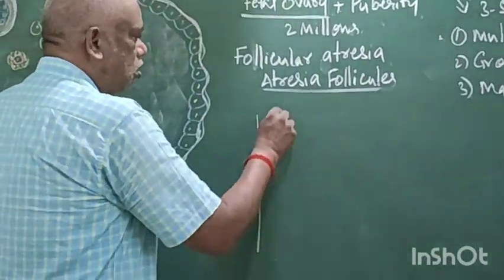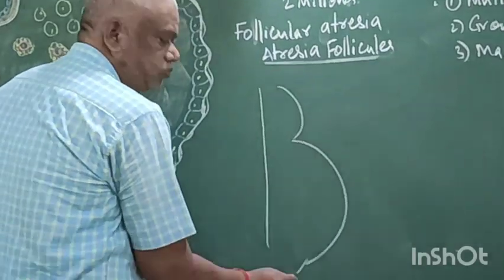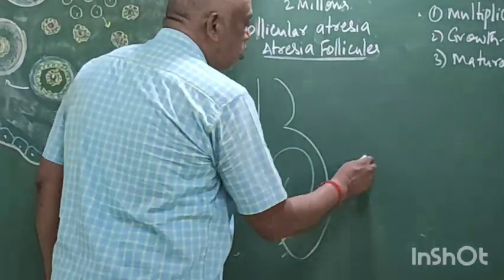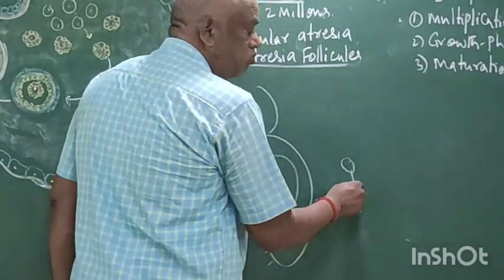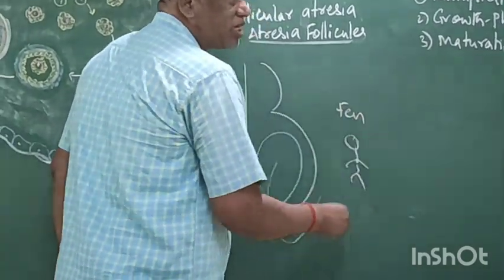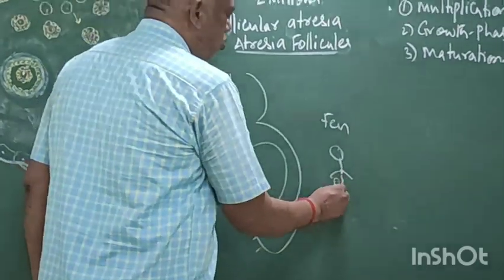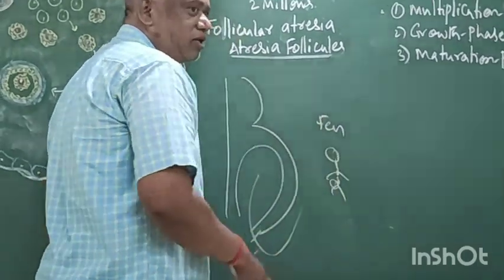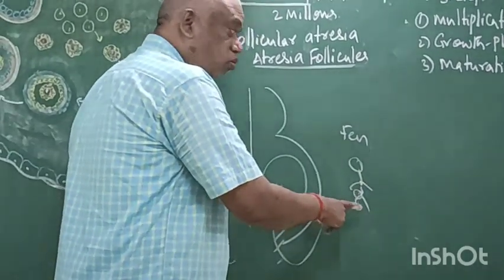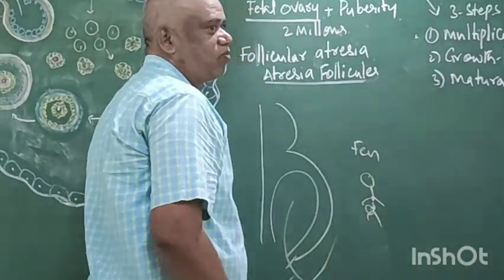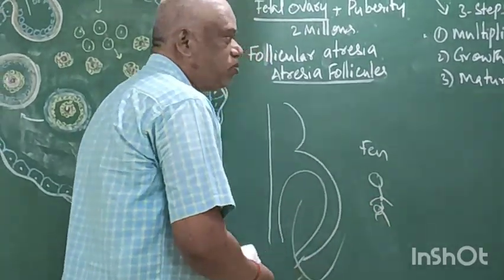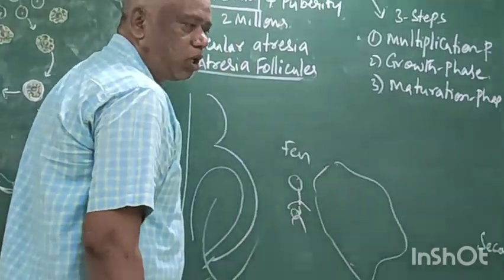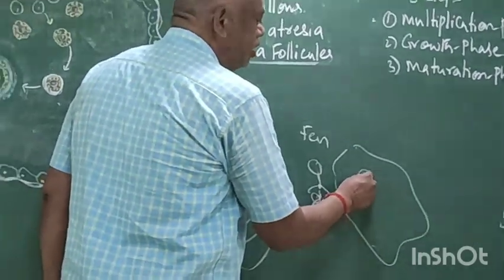Now she is a pregnant woman. Right. 9 months is completed and the baby is coming outside. If the baby is female, she has ovaries. When you scan the ovary of the newborn baby, it contains primary follicles.